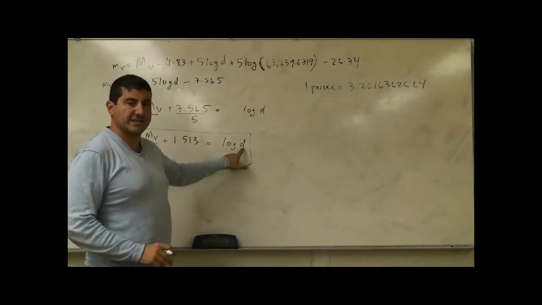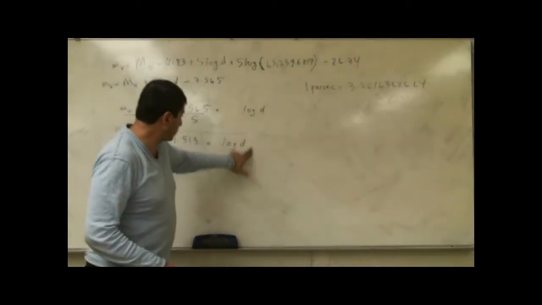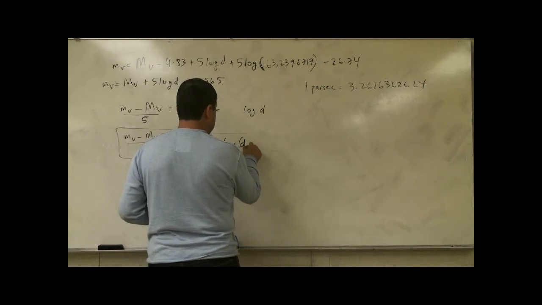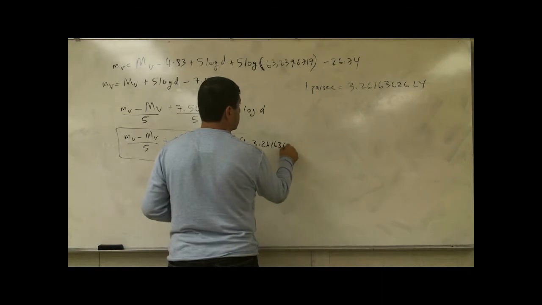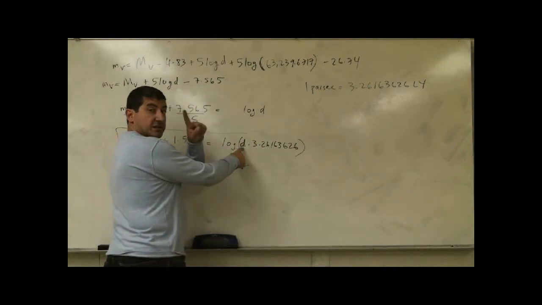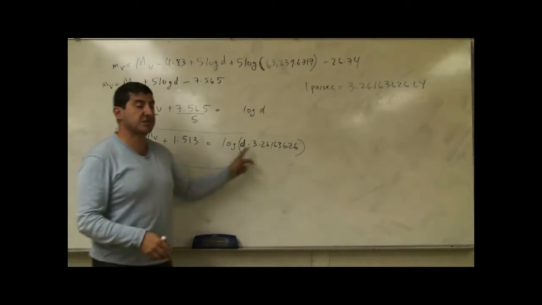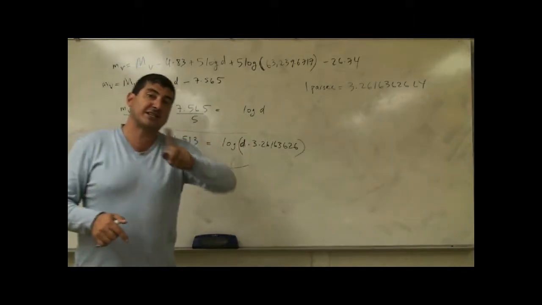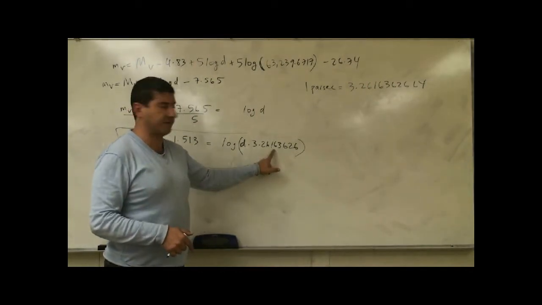So if I want to rewrite this so that the distance is written in parsecs, I multiply this d times 3.26163626, right? So now I can express this d as 1 parsec, and if I multiply it by this, it will convert to light years, right? Because remember, this equation applied when the distance was expressed in light years. So if I want to express this now in parsecs, I put d and I multiply it by the conversion.